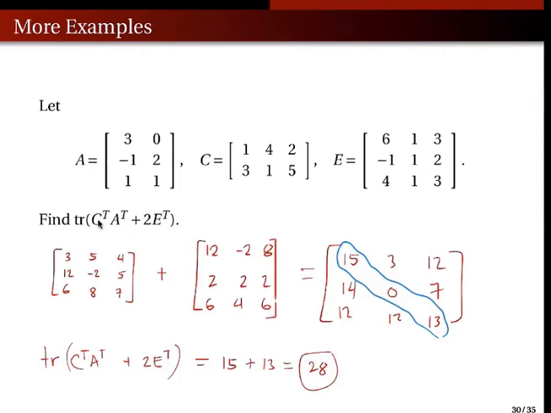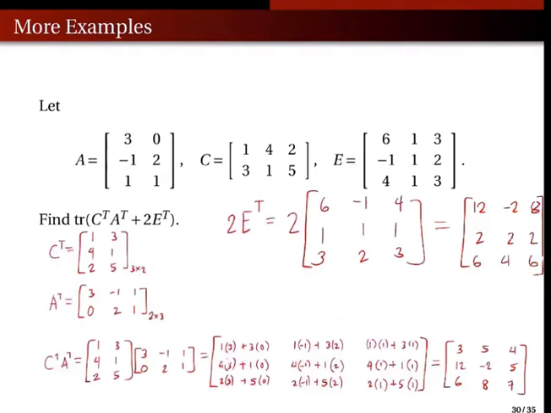Then find the product C transpose A transpose. So that's what happened in here. We find C transpose and A transpose, then we find the product. And a second part of that is find the sum, C transpose A transpose plus 2E transpose.